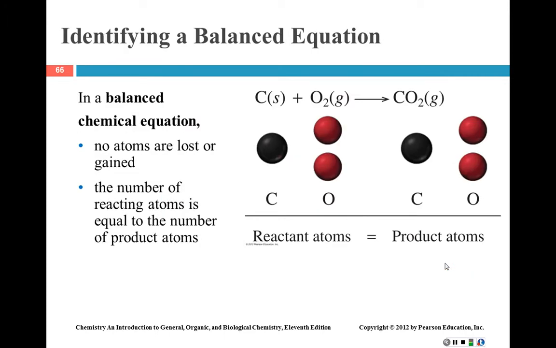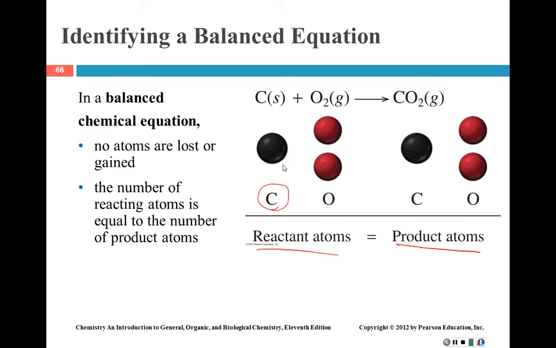In a balanced chemical reaction, it's very important that we do not violate the laws of thermodynamics, so we cannot make or vaporize, get rid of any element in a reaction, and we have to account for those. It's called a chemical balance or a mass balance, and so the total number of reacting atoms has to equal the total number of atoms in the products.